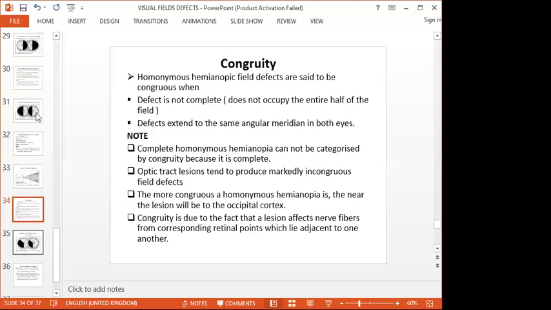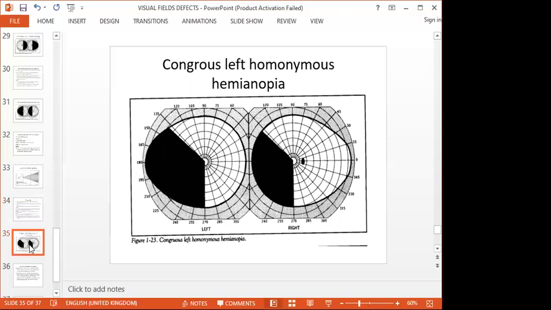The same one. Congruous left, exactly. In both eyes, they are exactly the same. Equal shape, sort of one size.